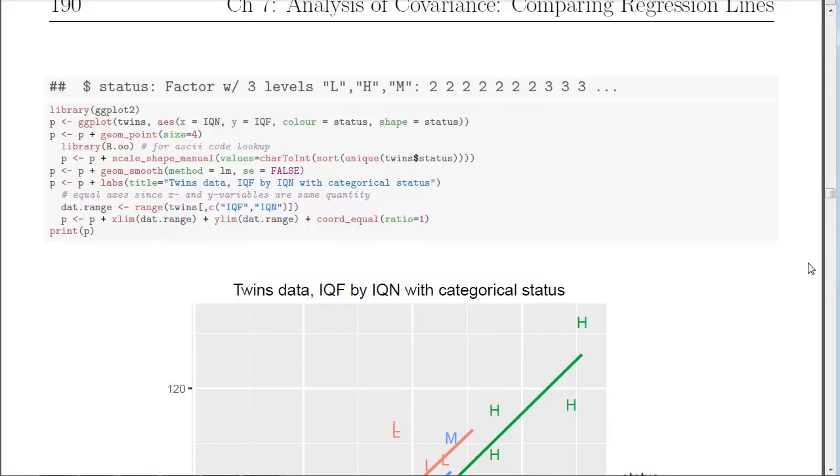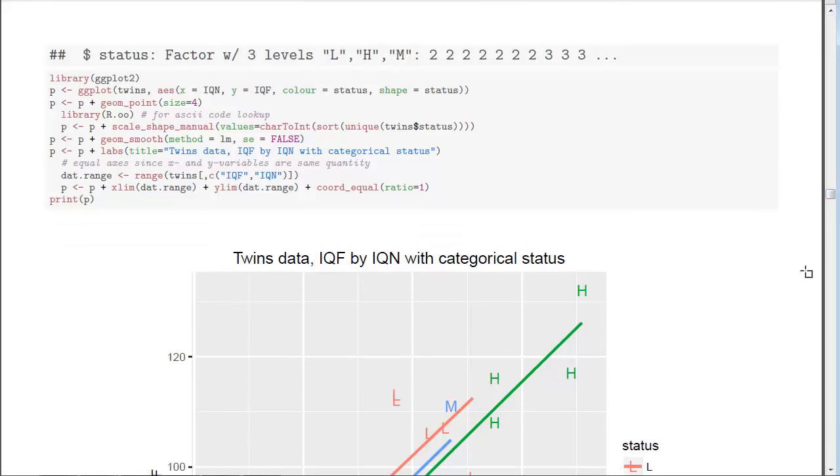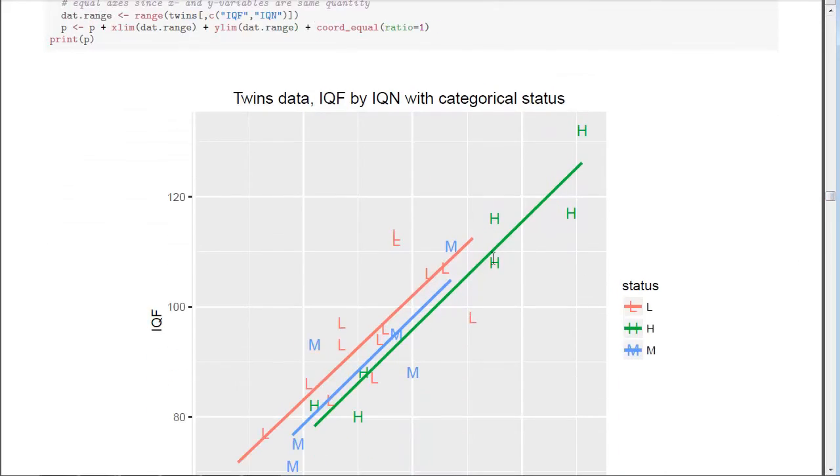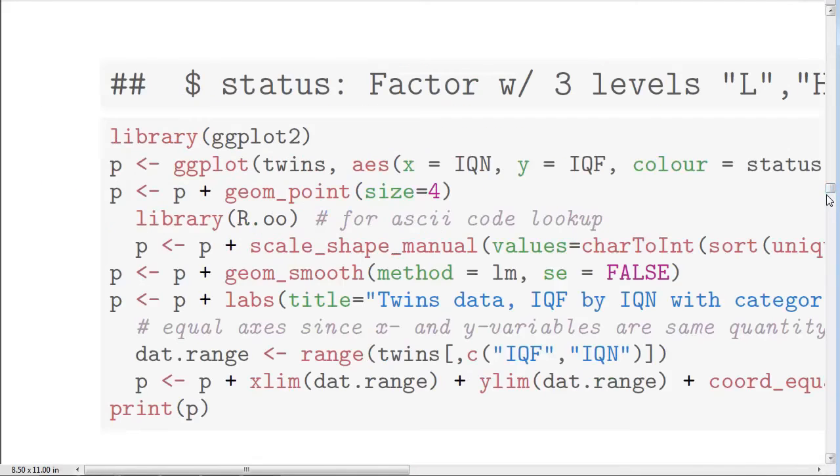There's another thing here: I've used plotting symbols L, M, and H as the observations. So this is double coded for sure. I've got color and I have the letters, and I think we've seen this before. There's a package, R.oo, which allows us to look up the ASCII code for plotting symbols.